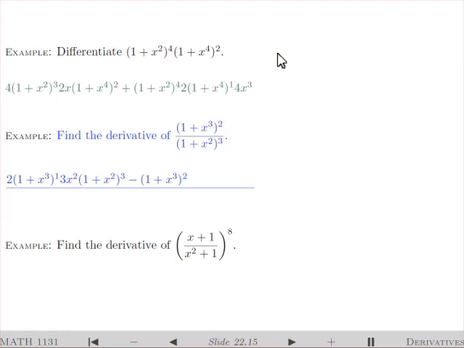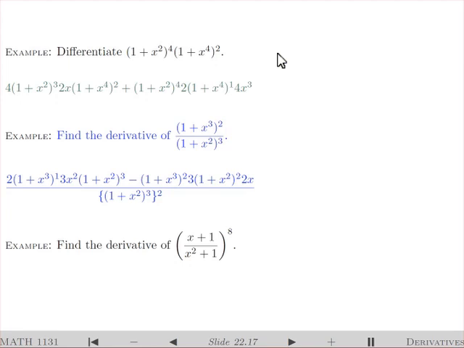So it's a power of a function, so I start with the power rule, differentiate for the power 3 first, which gives me 3 times (1 plus x squared) to the power 2, multiplied by the derivative of the inside. The inside is 1 plus x squared, the derivative is 2x. I need to put this over the square of the original function's denominator. So the square of (1 plus x squared) quantity cubed.